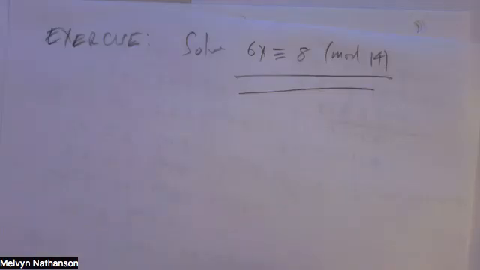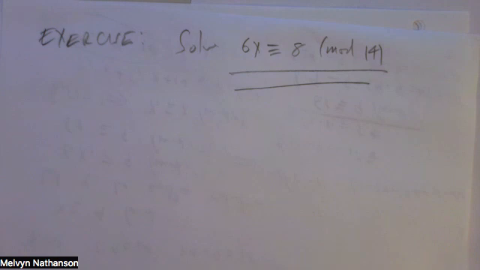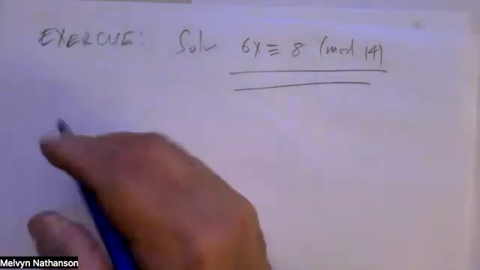Okay, so here's the congruence. What are all the solutions? Can someone give me one solution? 5. Well, suppose you take x equal to 5.